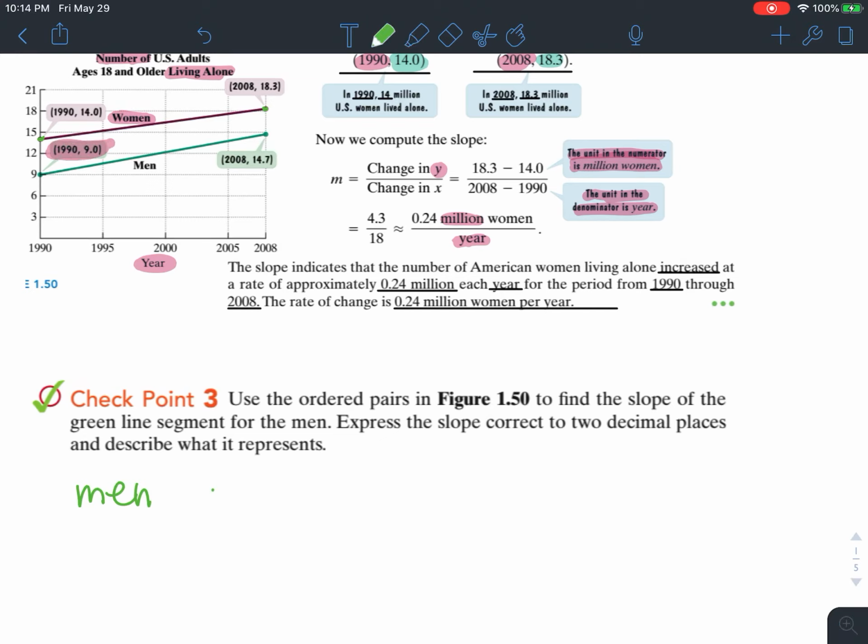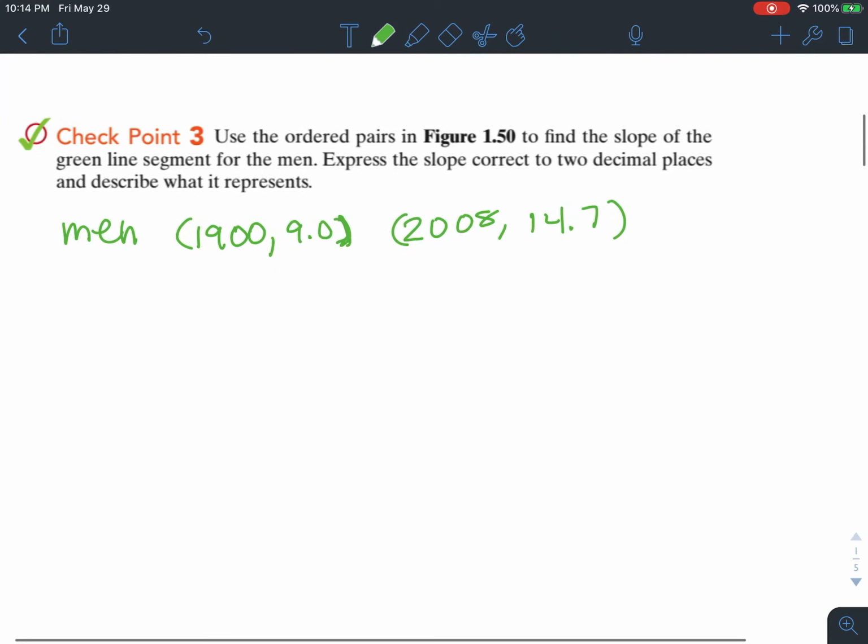So we're going to use that one. So that's 1990 and 9.0. So in 1990, there were 9 million men who lived alone. And then we also have this point down here, 2008, 14.7.